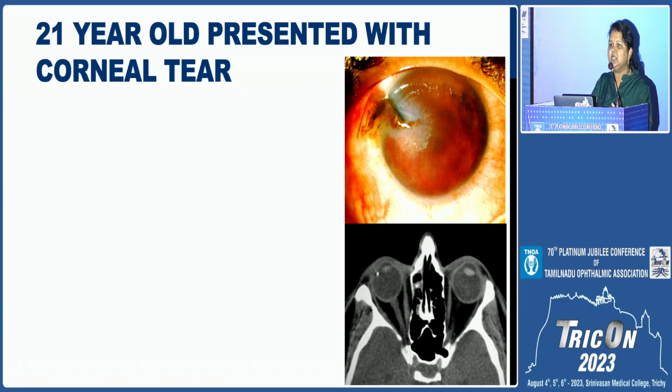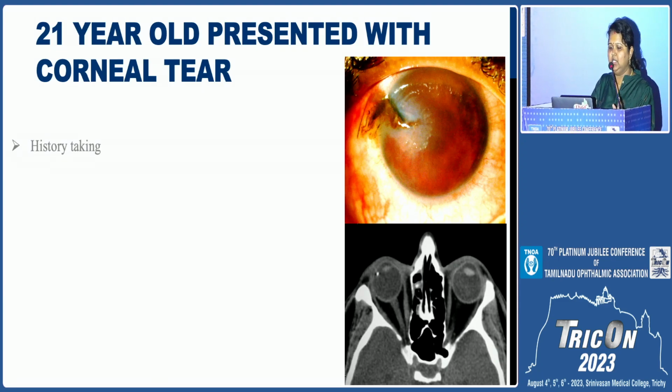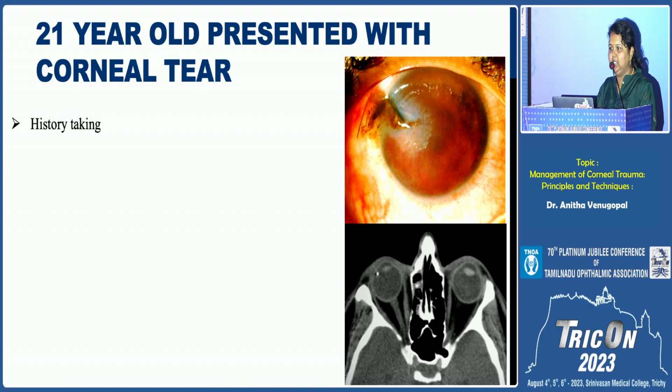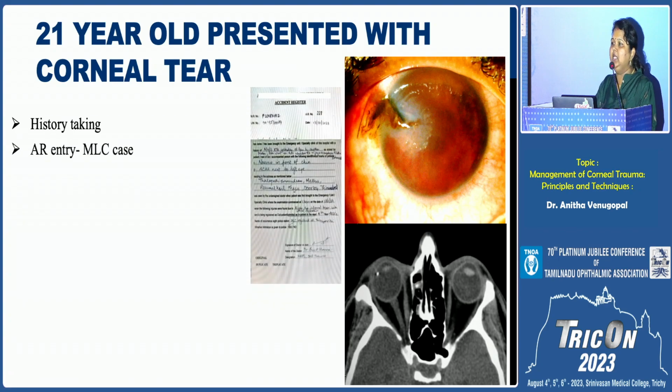What is the foremost important thing to note? A proper history taking about the mechanism of injury: when and how it happened, what was the mode of injury, what was the velocity and force with which the inciting object reached the target, the time of injury, and any associated symptoms such as loss of consciousness, ear or nose bleeding, etc. And the accident register entry, which is the most important thing in most medico-legal cases.